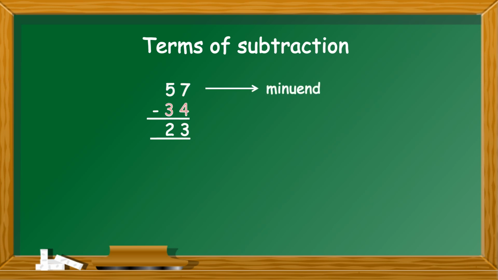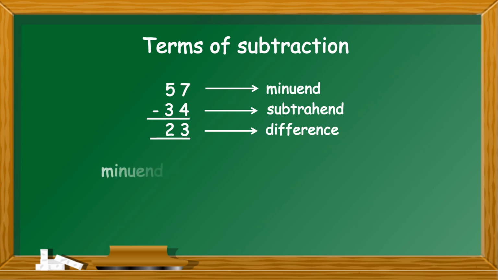The number 34 which we subtracted is called the subtrahend, and the answer 23 is called the difference. So the terms of subtraction are: minuend minus subtrahend is equal to difference.